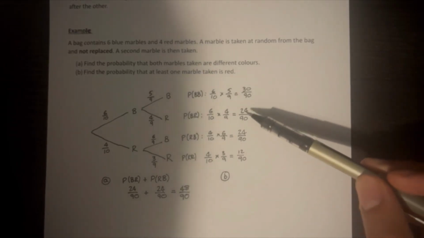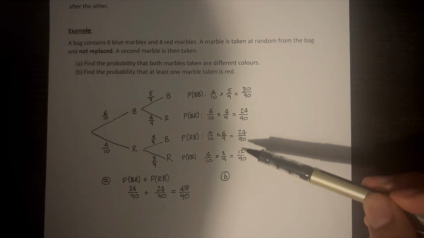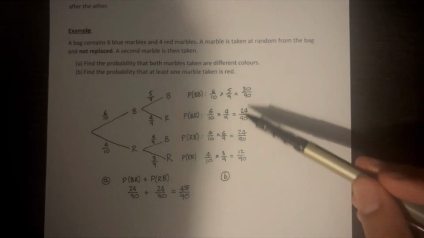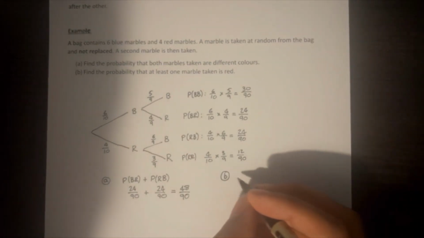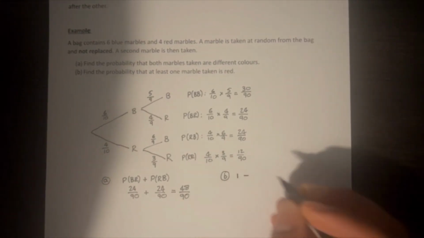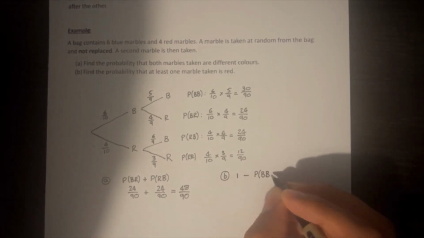And since all of these probabilities must add to 1, since they are the only things that can happen, to find the probability of at least one red from this, I can do 1 subtract the probability that they're both blue.